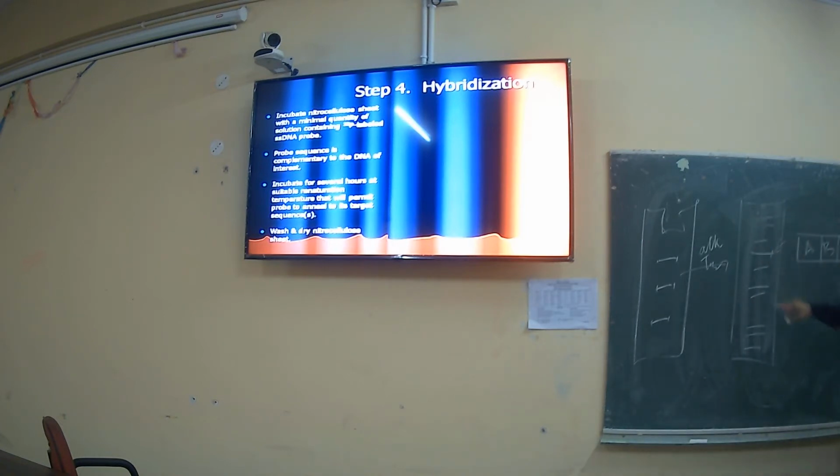Okay, so in this condition, you never know in which fragment your desired gene of interest is found. So the process is that first you have to cut or cleave with the restriction enzyme. After cleaving, you go through a mapping formation by restriction mapping.